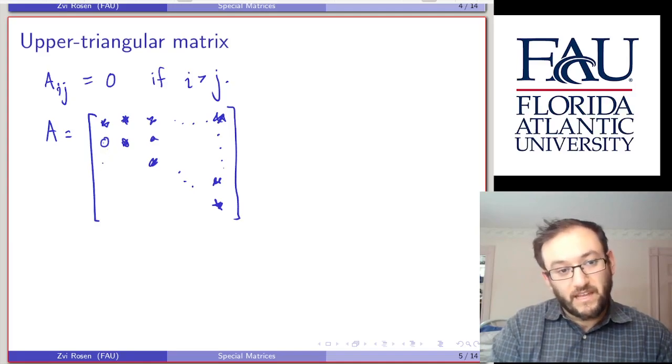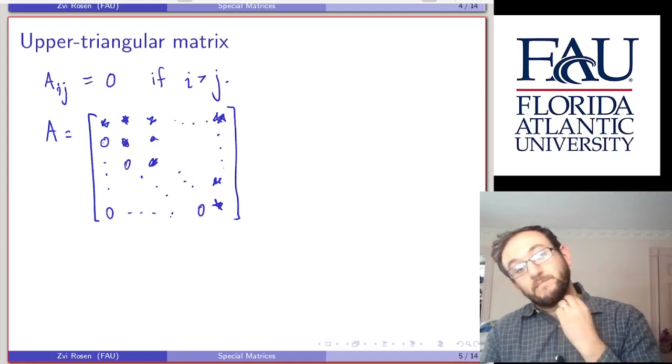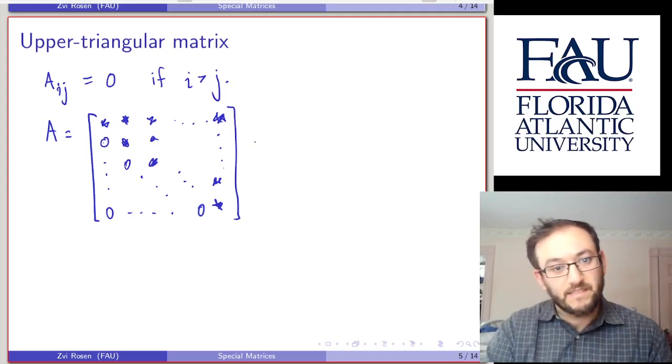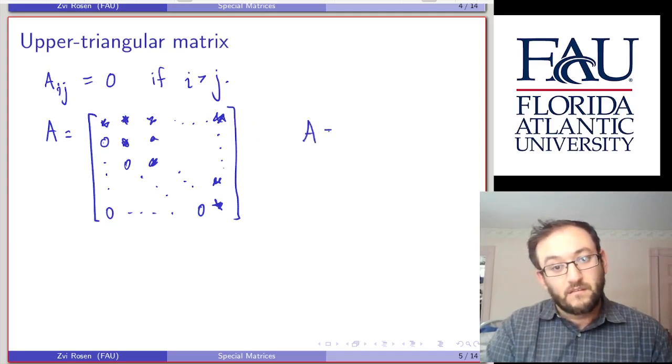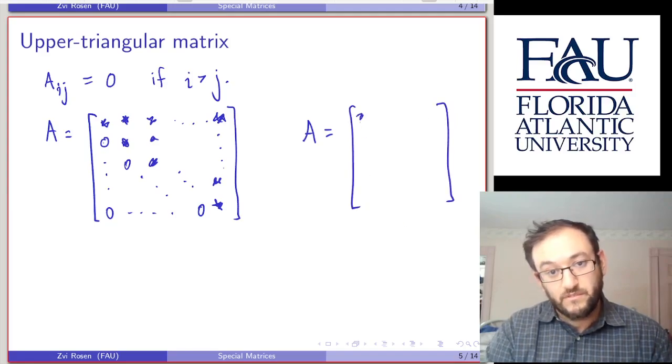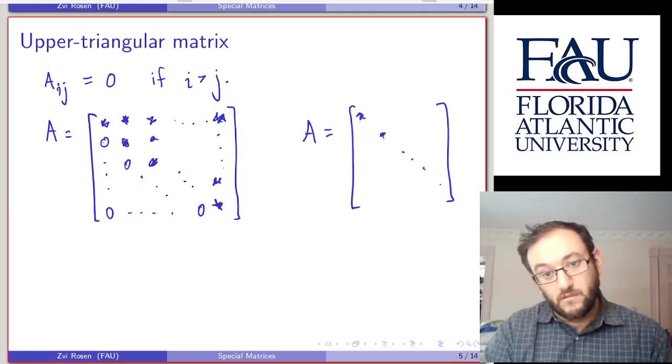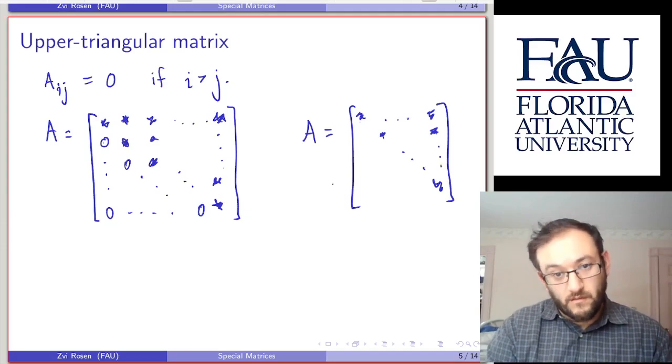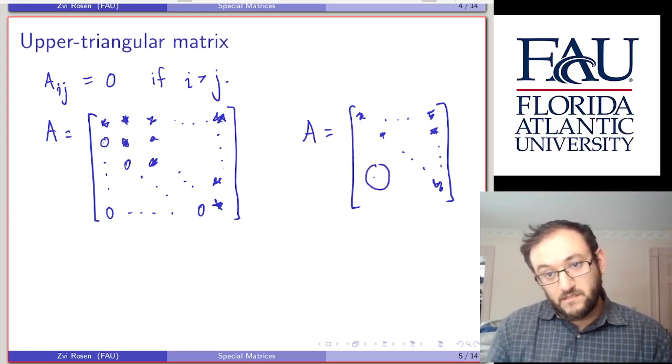This is the 2, 1 entry, so we'll get a lot of zeros. You might also write this as just leaving out the zeros. Or you might write this as just one big 0.